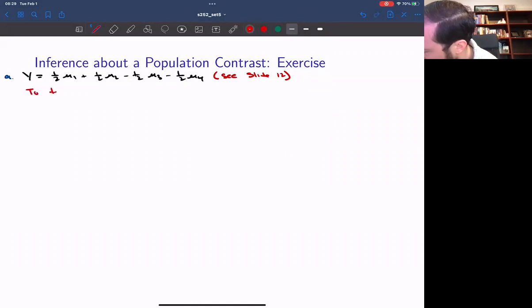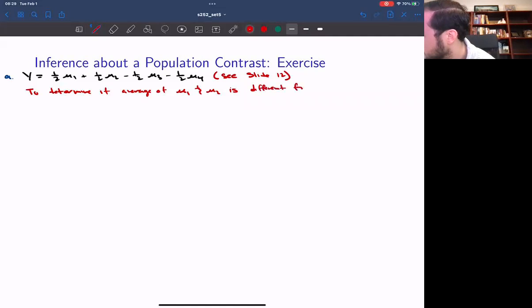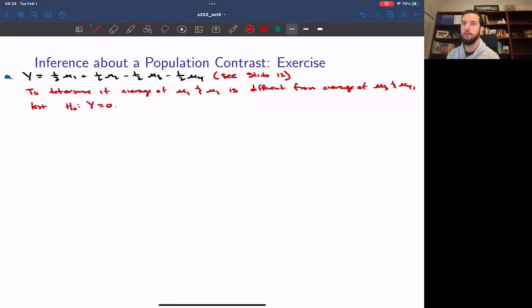To determine if the average of mu1 and mu2 is different from the average of mu3 and mu4, test H0: gamma equals 0.